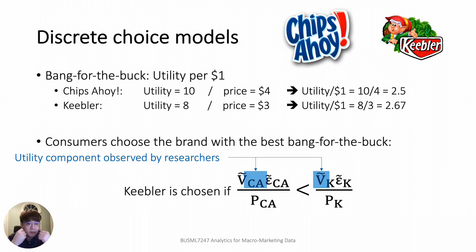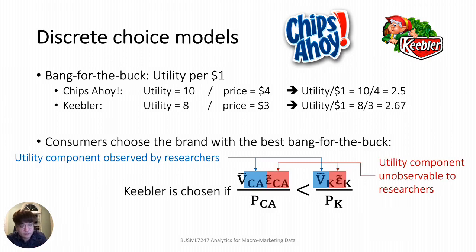In the data, market shares and product features are available by brand, so the difference can be identified. Such a part observed in the data is usually referred to as the utility component observed by researchers. In the bang-for-the-buck formula, V tilde denotes the observed utility component.